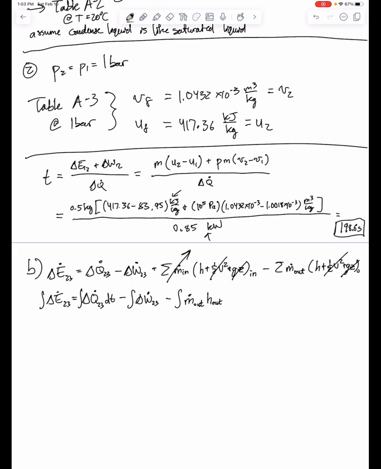So what the dt does is any term that's with respect to the time derivative, it kind of negates it.